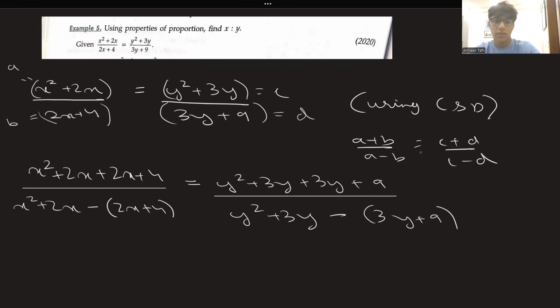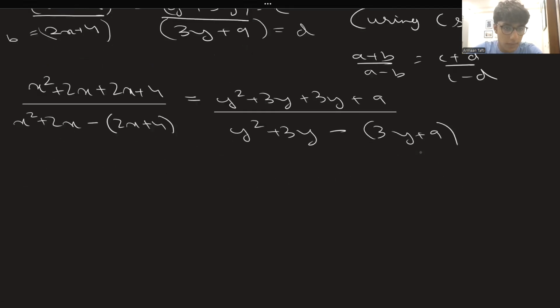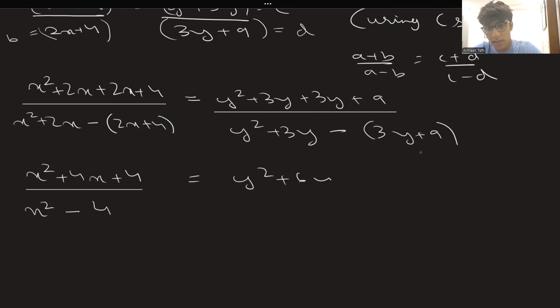Further simplifying, we get x squared plus 4x plus 4 divided by x squared, 2x minus 2x is nothing, minus 4. On this side, we get y squared plus 6y plus 9 divided by 3y minus 3y, 0, and y squared minus 9.